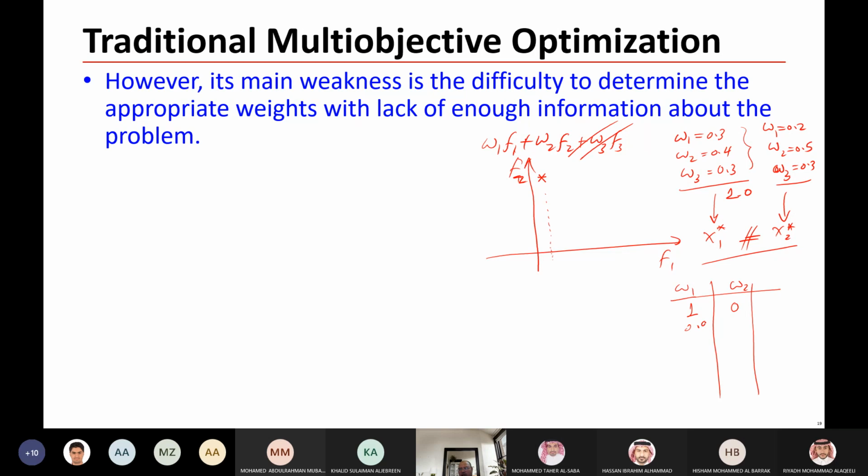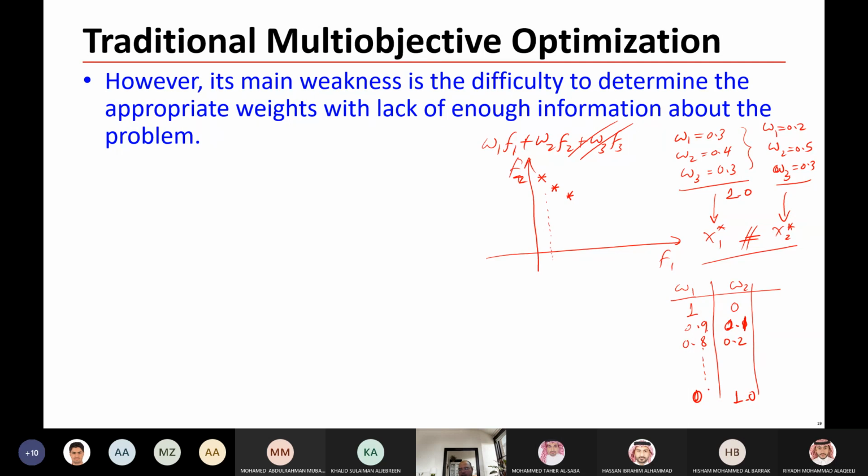Let us take 0.9 and 0.1, so you will end up with another solution, which could be here. And you can get to 0.8 and 0.2, then you will get another solution here. And you can go forward until you have 0 and 1.